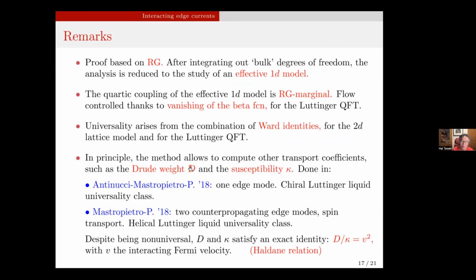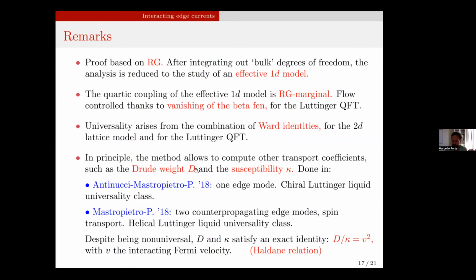The Drude weight is related to the current correlation function, and the susceptibility is the density correlation function. These two objects in general are not universal. Even at 0 momentum, they are interaction dependent, and there is no topological argument that tells you what their values are. But you can access them with the method I'm using.